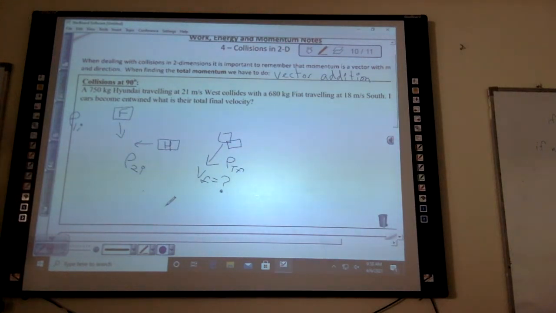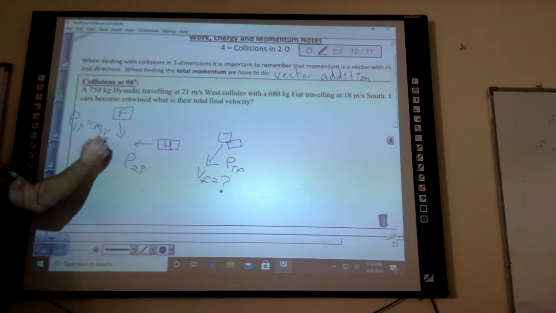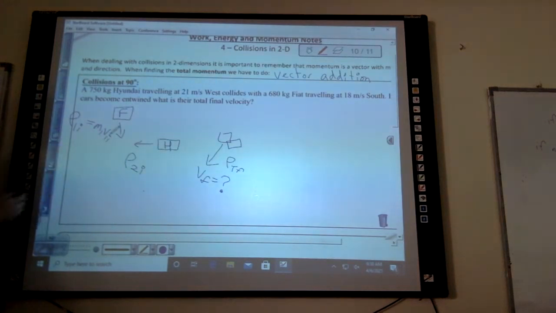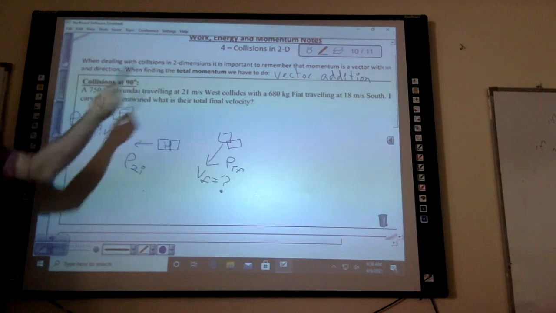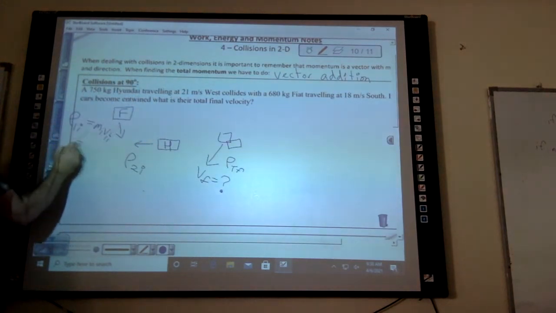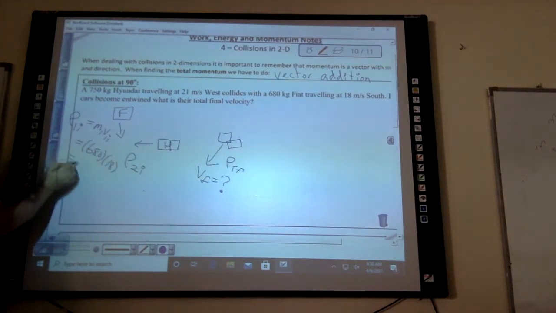So first, let's figure out what our momentums are. This is simply going to be M1 V1I, similar to what you've seen before. I've got the mass of the Fiat, and I've got its speed. So this is going to be 680 times 18.